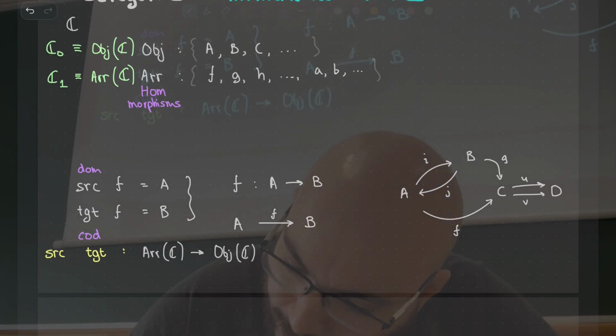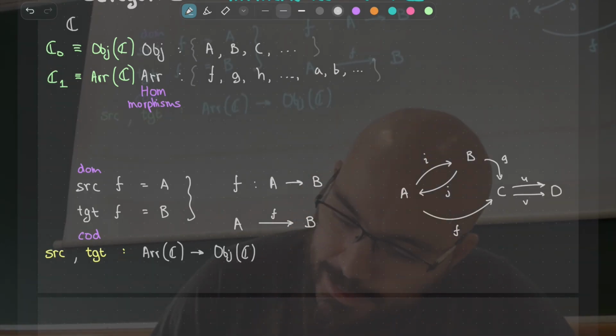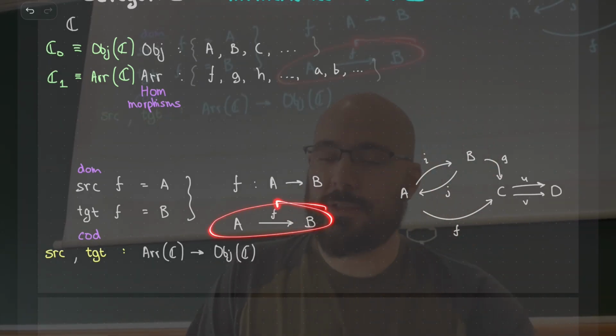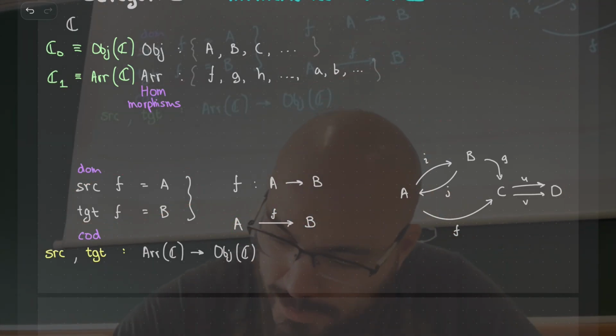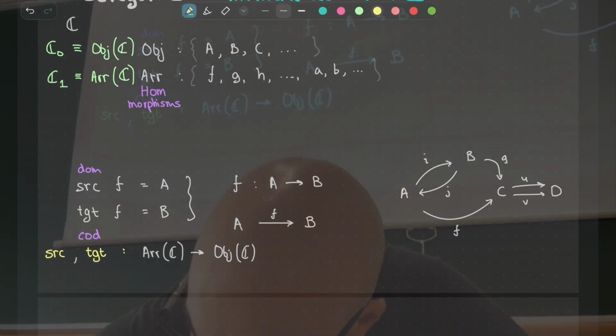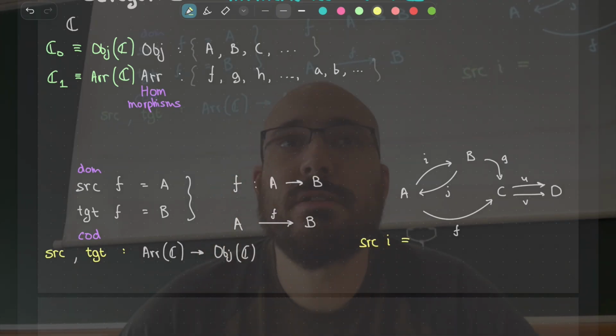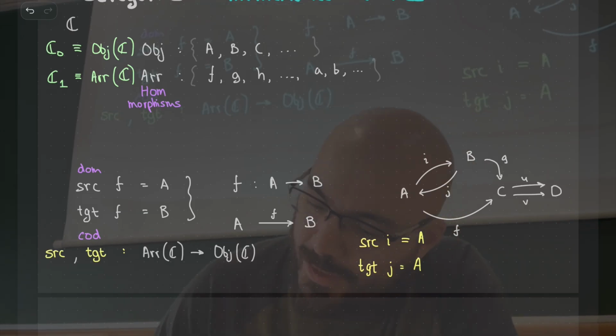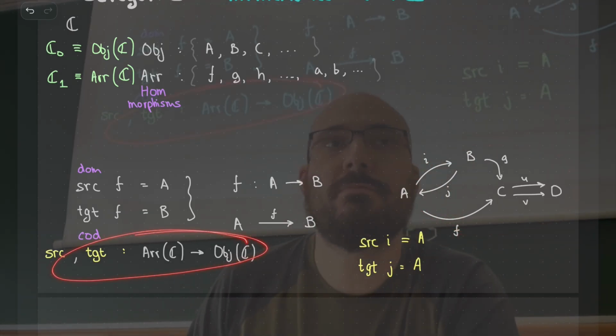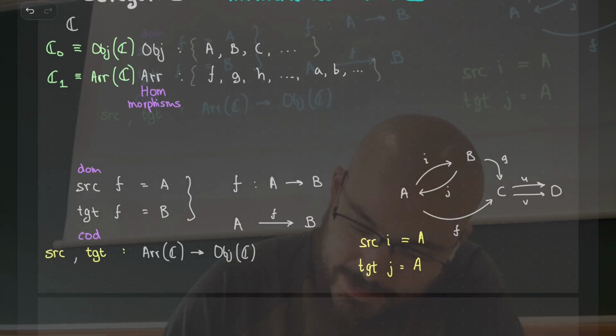If I give you this picture and I ask you what the source of I is, the answer is A. And if I ask you what the target of J is, the answer is A. So from this picture, I can extract all the answers about these things. Make sense? Good. I'm not done yet.